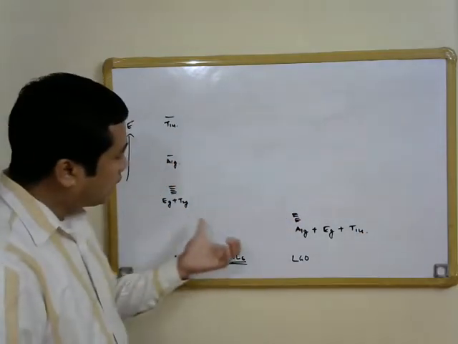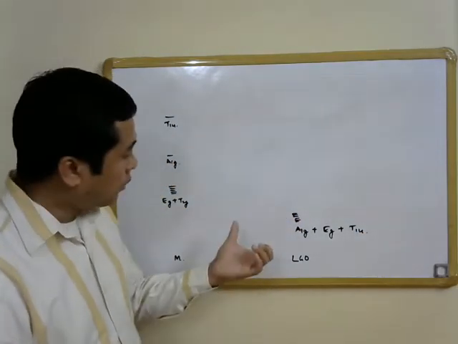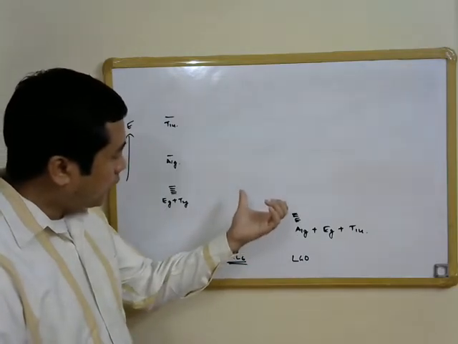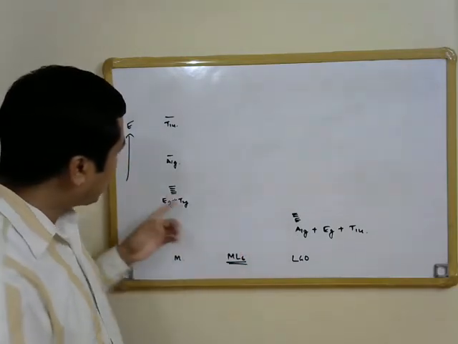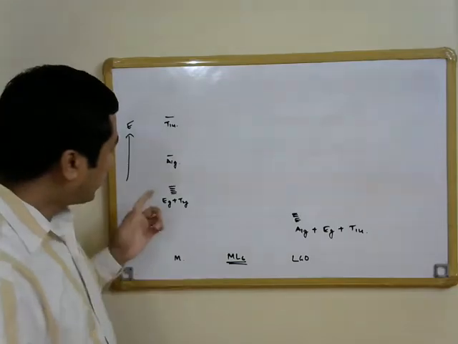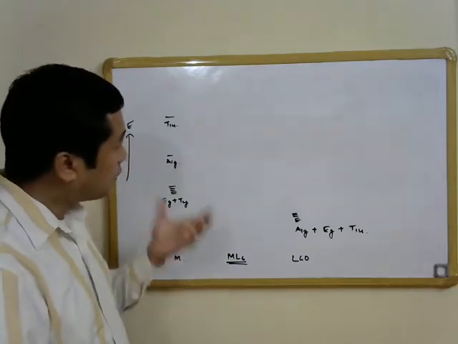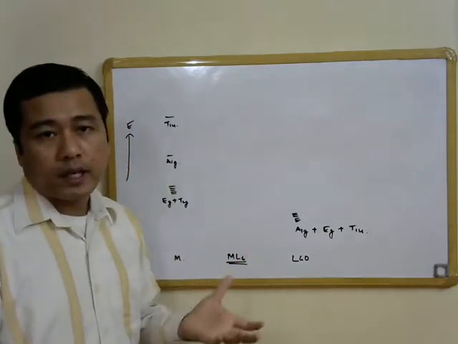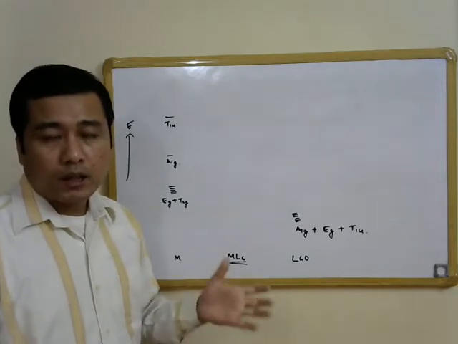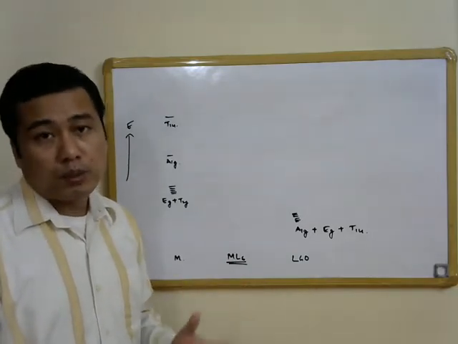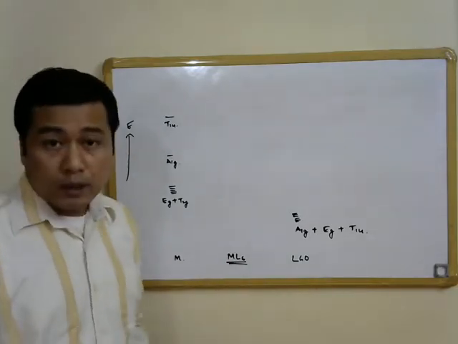Now we will draw the energy of the ligand group orbitals at a lower energy level than the energy of the metal 3d orbitals here, because we are drawing the molecular orbital diagram for a complex where only sigma bonding is present, or only for sigma donor ligands.